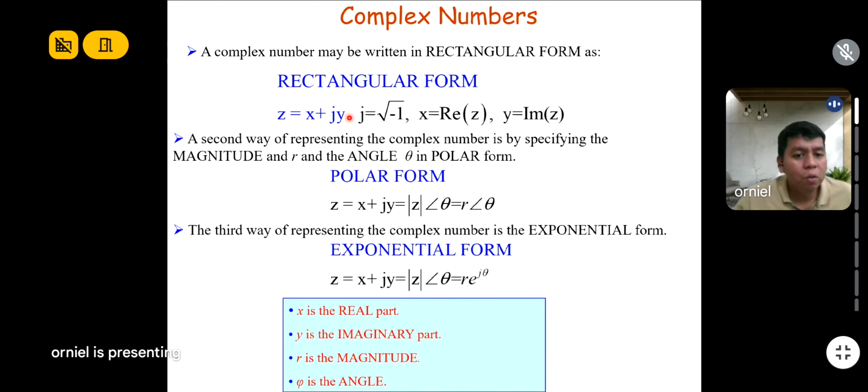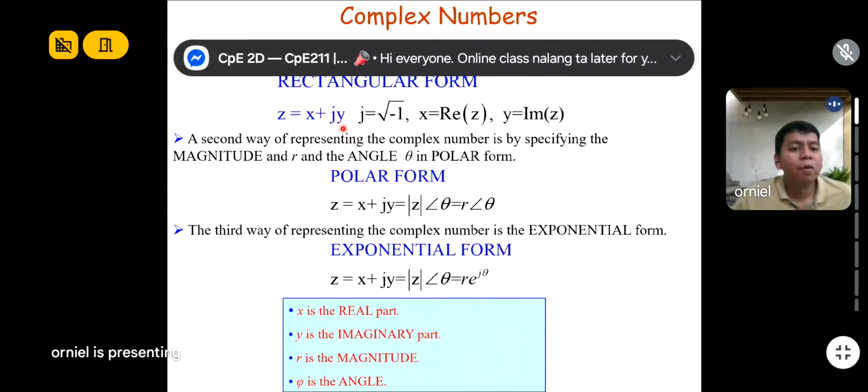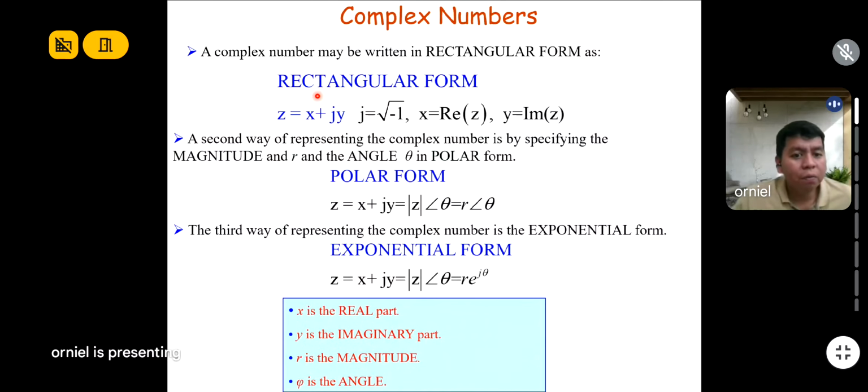The Y is composed of capacitor or inductor. So the rectangular form is X plus JY. Now, the second way of representing a complex number is the polar form.